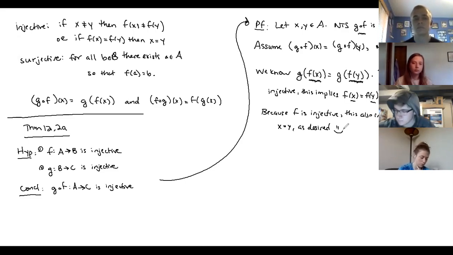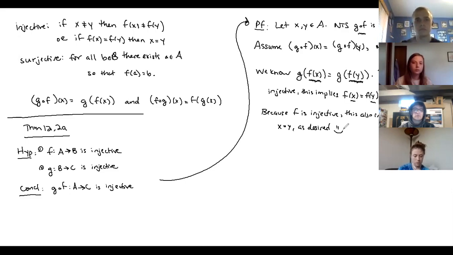But sometimes you can start with an equation that you know, tweak it, and get to an equation that you are trying to show without starting on one side and working your way to the other side. All right, we've got an "as desired," we've got a smiley face. That means we are done with our proof. Are we good with our proof? Give me a thumbs up. Yes, everybody's happy.